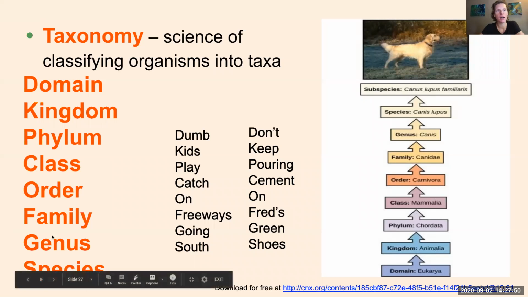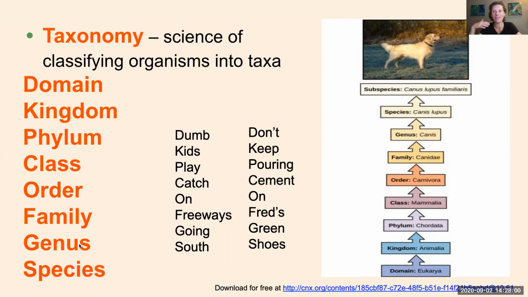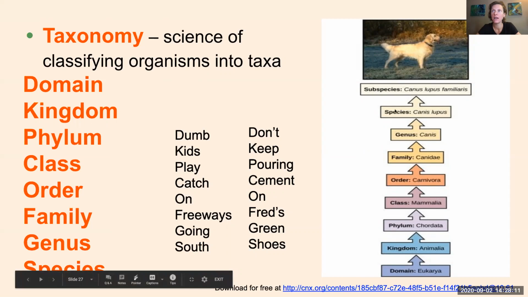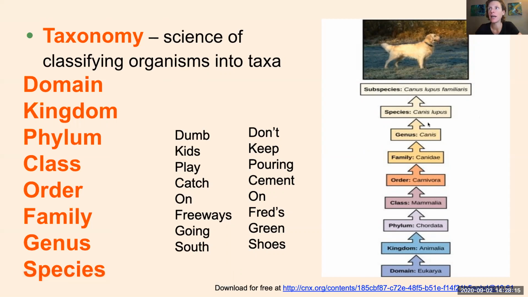As we go forward, let me point out that the genus and the species, the last two classifications or taxa, are what constitute the scientific name of an organism. So if I ask you for the scientific name, that is asking for the genus and the species. In this example, over here on the right, the species is Canis lupus. That's going to include dogs and wolves.